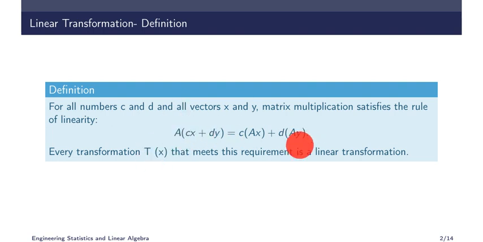That's why it is called a linear transformation. So every transformation T of x that meets this requirement is called a linear transformation. Multiplying a vector by a matrix A always holds this relation, and that is why the matrix A does a linear transformation over the given space.